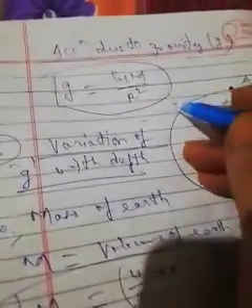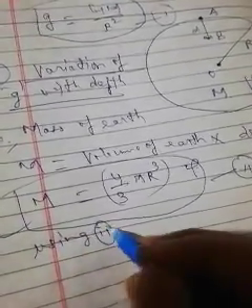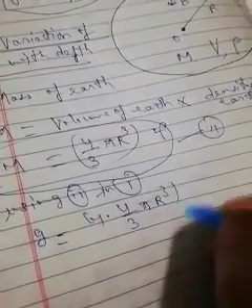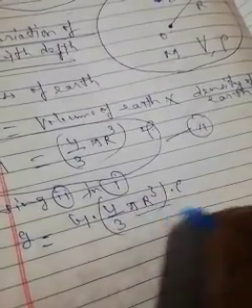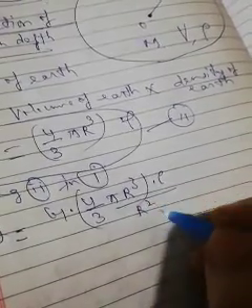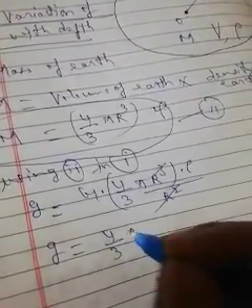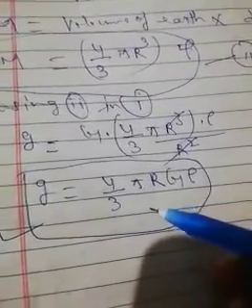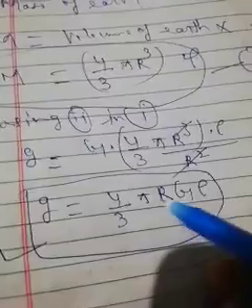Putting this in equation 1 using 2, finally we get g = 4 by 3 pi r G rho. This is on the surface of Earth.